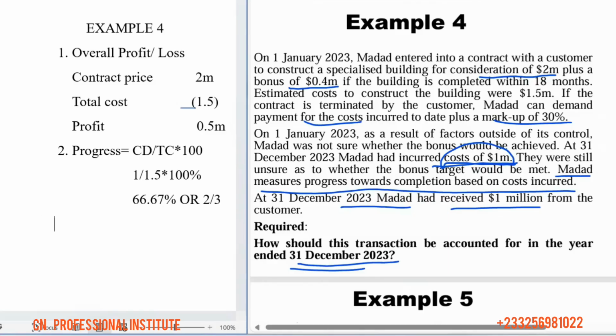And then step 3, we are going to record revenue. So how much do we record as revenue? Our revenue will be our contract price. How much is it? 2 million. So it will be 66.67% or the 2 over 3 by the 2 million.